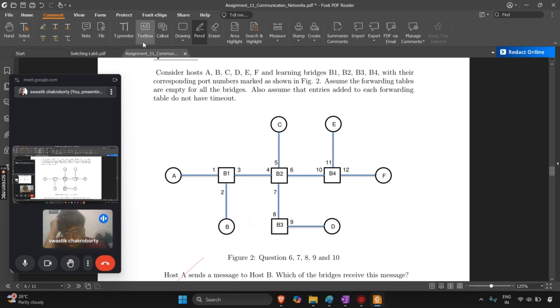If bridges don't know about particular devices that are at the end of their ports, then they flood to find them.